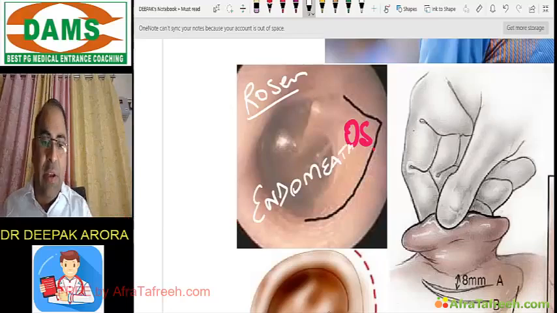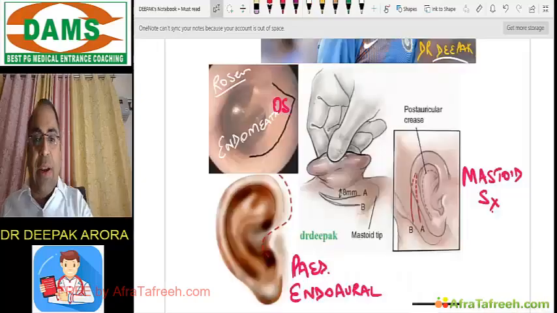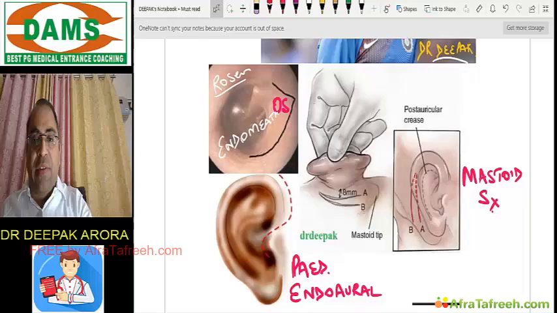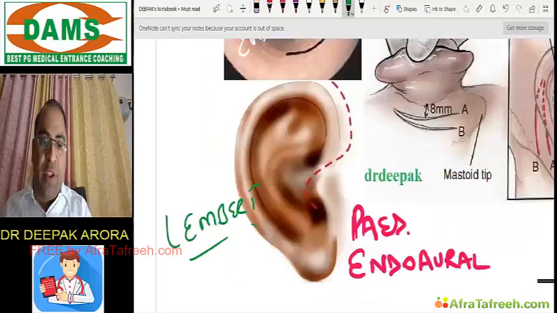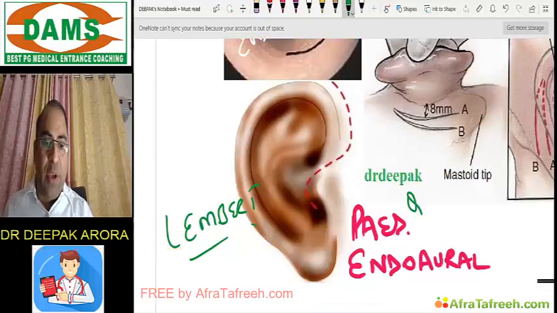Then there is the Lempert incision, the endaural incision. What is the important point regarding Lempert? What will your NEET examiner make the MCQ on? It is used for pediatric patients. Yes, one point: it is used for pediatric patients. It is known as the endaural incision. Am I understandable? So that is the Lempert incision.